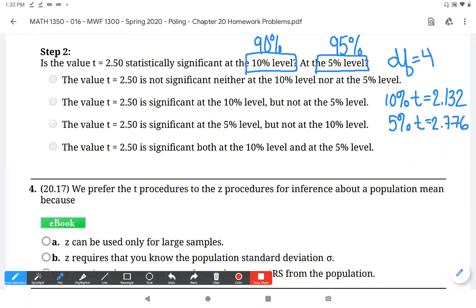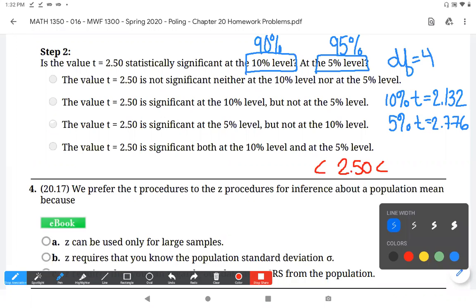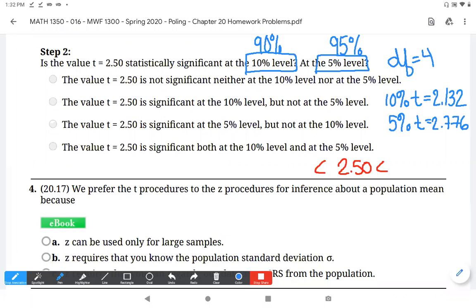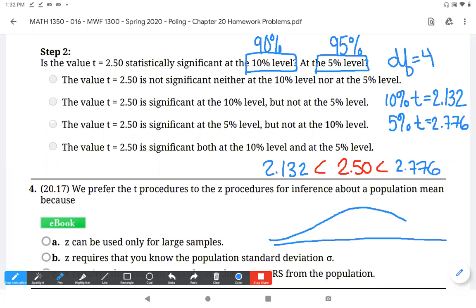Our t-score of 2.5 is between the 2.13 and the 2.77. So we are looking at an image of a t distribution.